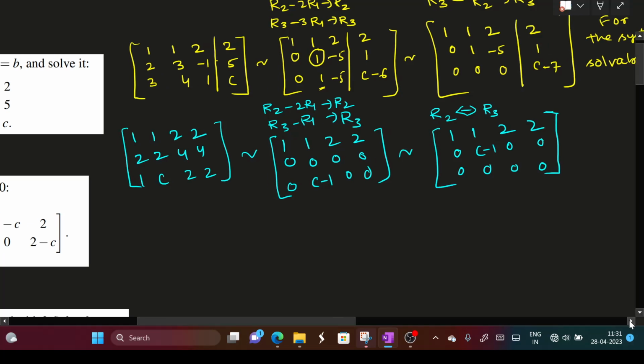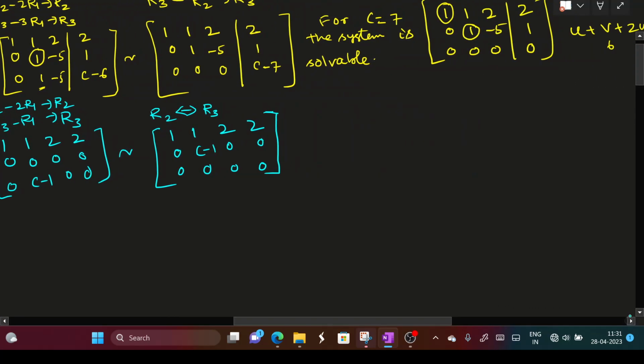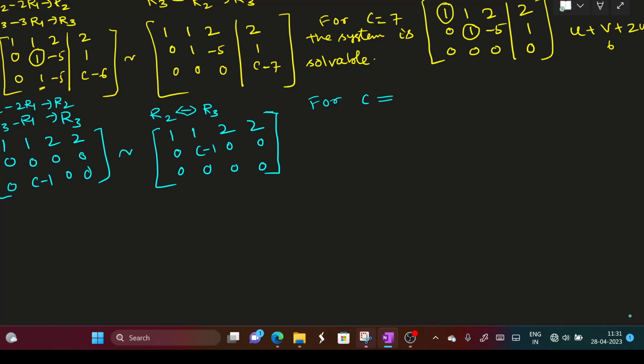Now in this matrix there are two possible cases for c. For all possible values we are expected to discuss. For c is equal to 1, the matrix reduces to 1, 1, 2, 2; 0, 0, 0, 0; 0, 0, 0, 0.